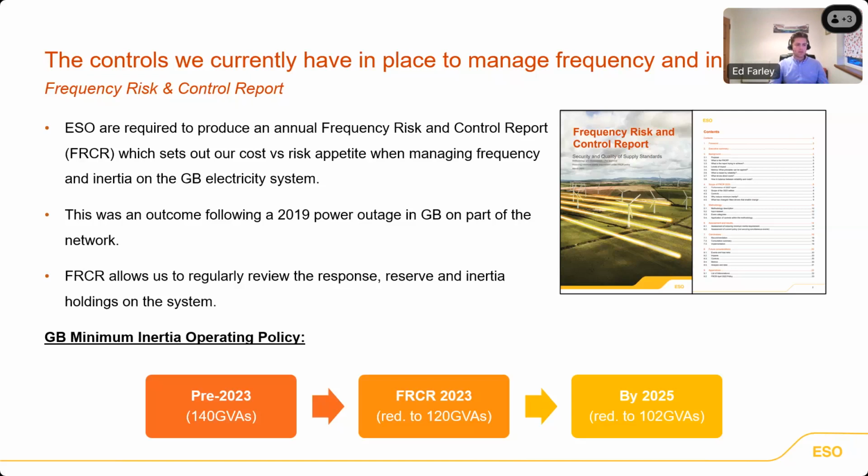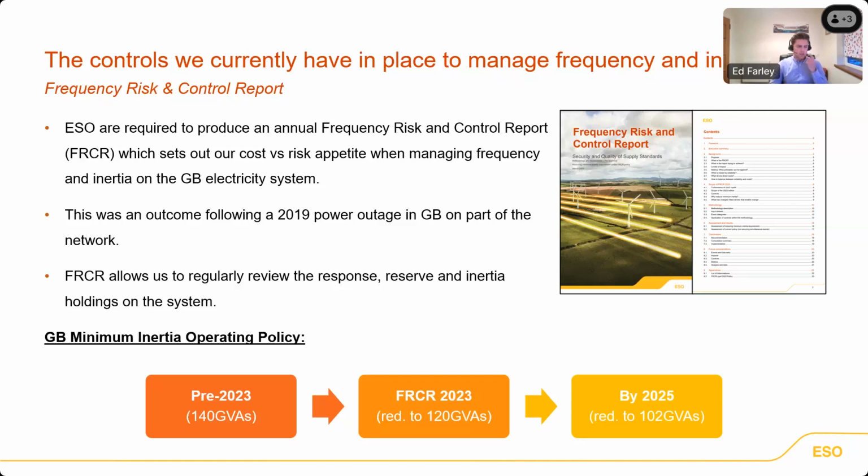And we repeat those simulations to try and strike a balance between what is the cost-effective way of securing risk on behalf of the GB consumer. And as I said, we run this process annually. We consult on the report every year, and Ofgem, the regulator here in GB, effectively approves and signs off the FRCR on an annual basis.